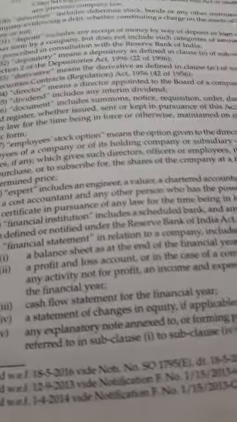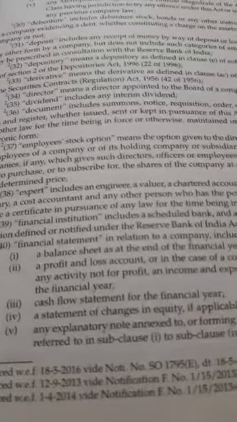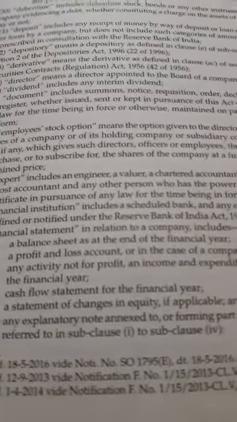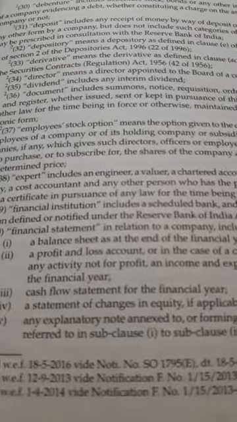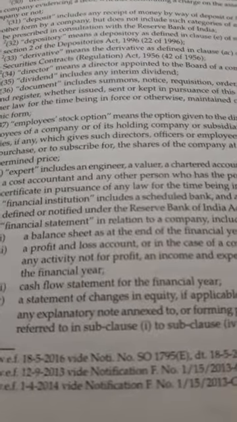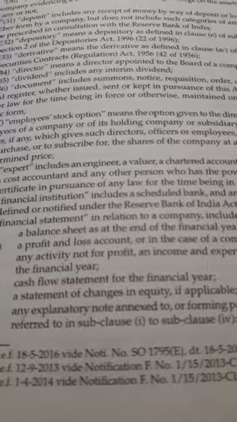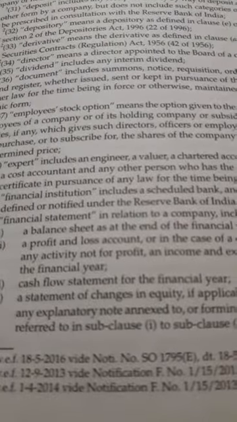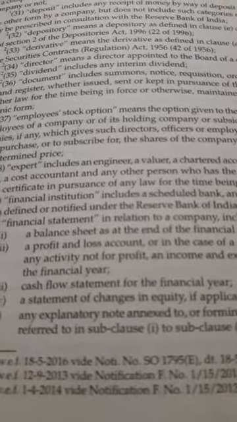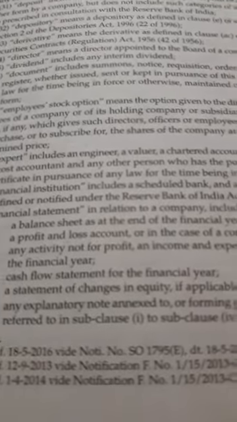Okay. Financial statement includes the balance sheet, which is prepared at the end of the financial year of a company. That is, the balance sheet of the company is included in financial statements when it is prepared at the end of the financial year. Then a profit and loss account is also included in financial statements.